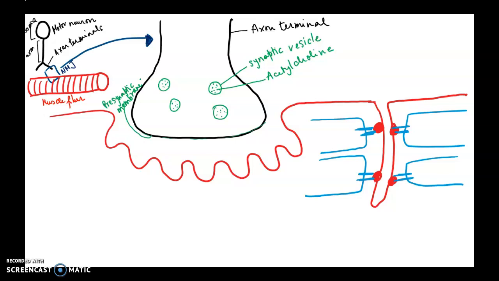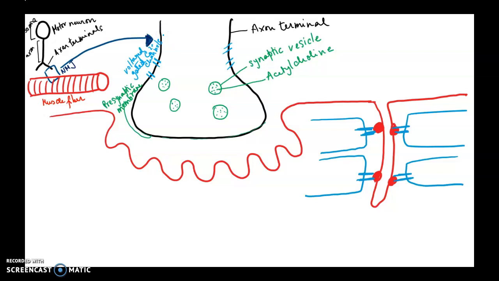Okay, what else do we have here? On the axon terminal or terminal bouton, there are specific channels, and these channels are called voltage-gated calcium channels.